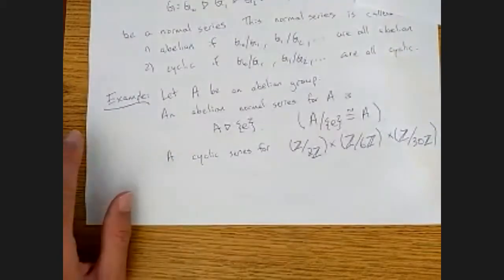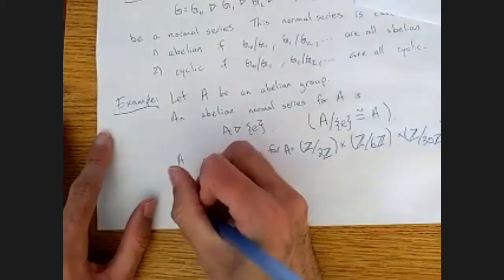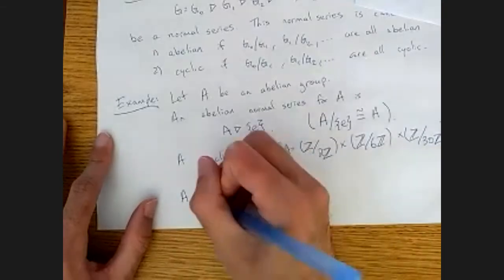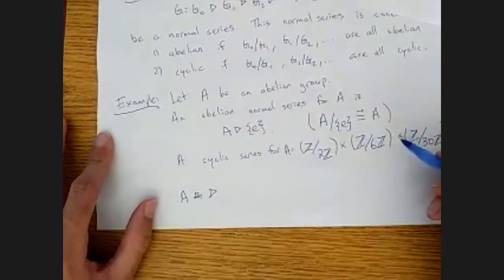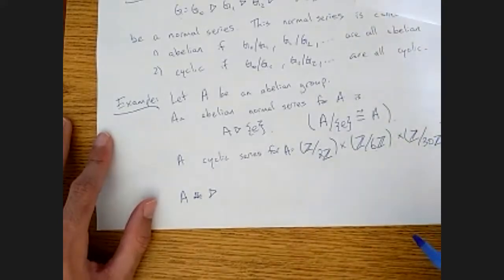So what's my cyclic series going to be? I call this A, so we start with A. We have an abelian group, and we want subgroups such that when I take the quotient, I get a cyclic group.